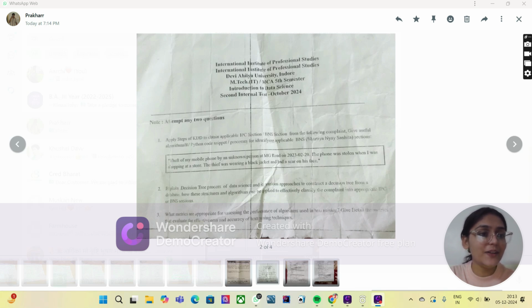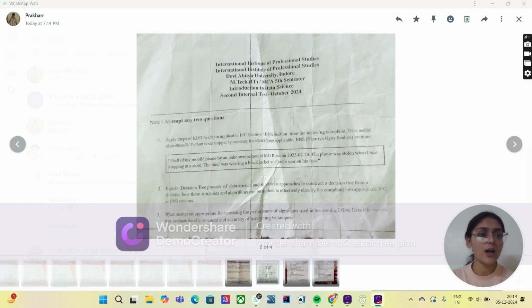Metrics for evaluating text classification techniques. Classification accuracy, measures the proportion of correctly classified instances. Classification error, measures the proportion of misclassified instances. Precision, measures the proportion of true positives among all positive predictions. Recall, measures the proportion of true positives among all actual positive instances.